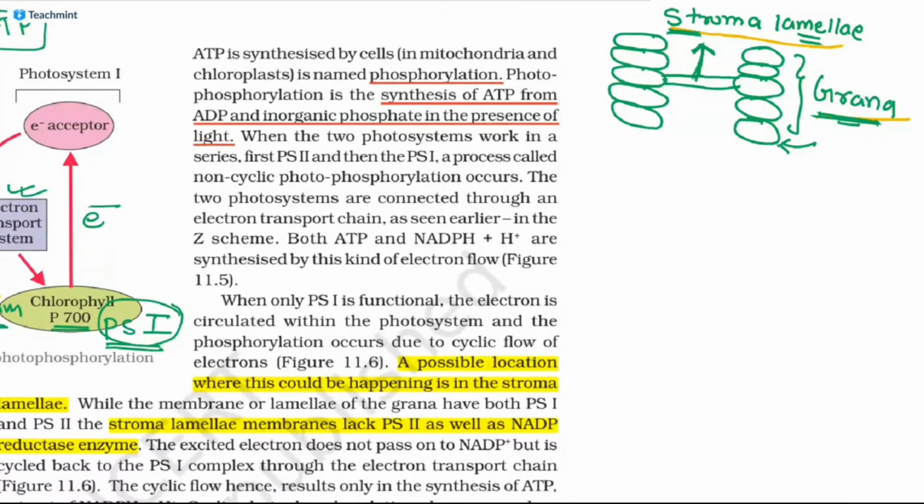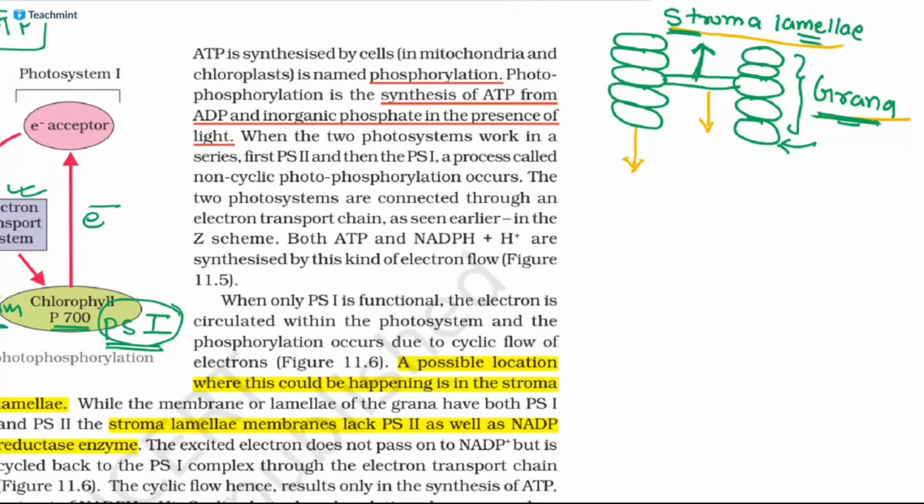So now remember this point. When I say photosystem 1, photosystem 1 is present in the stroma lamellae.